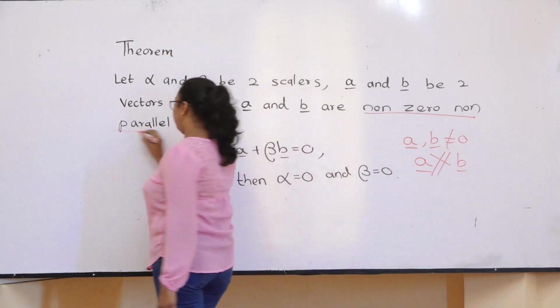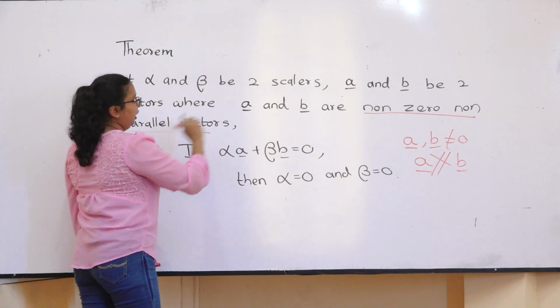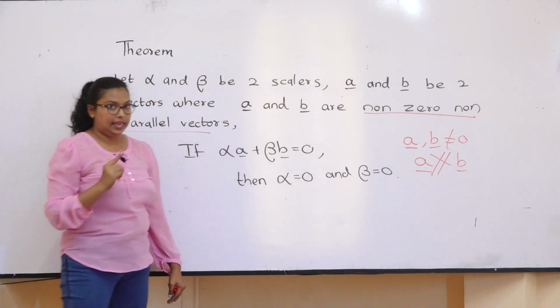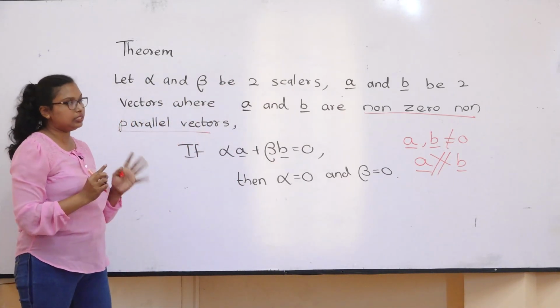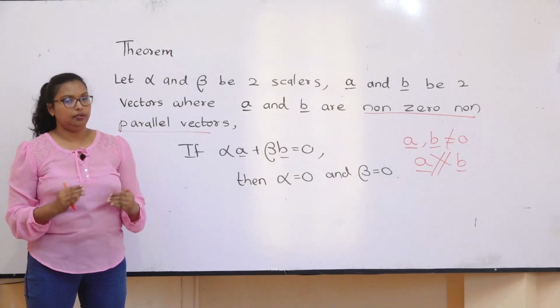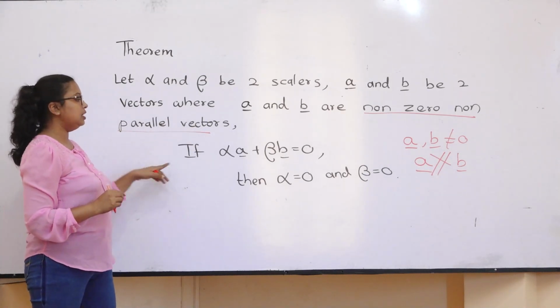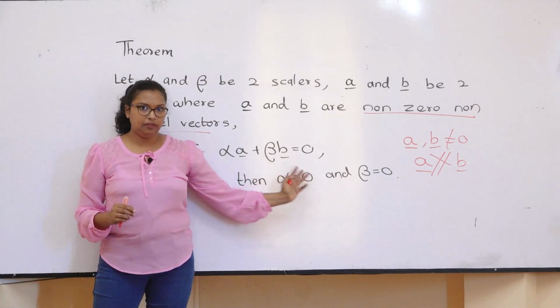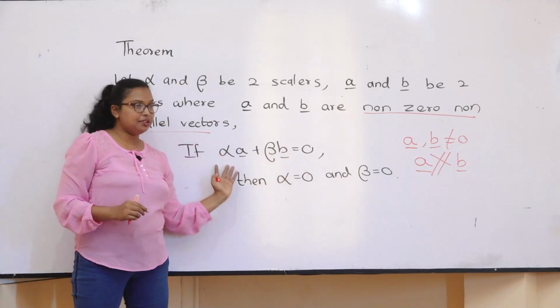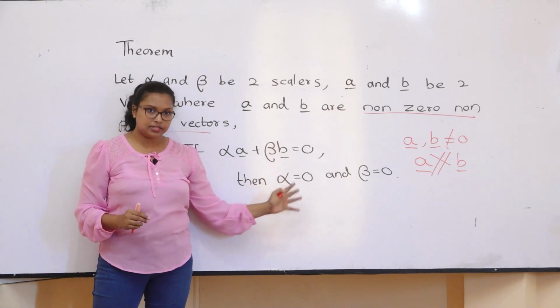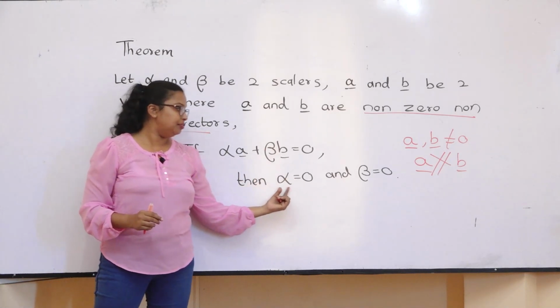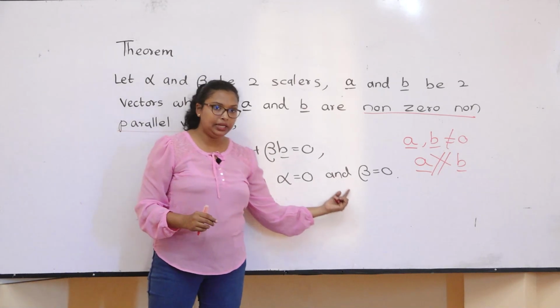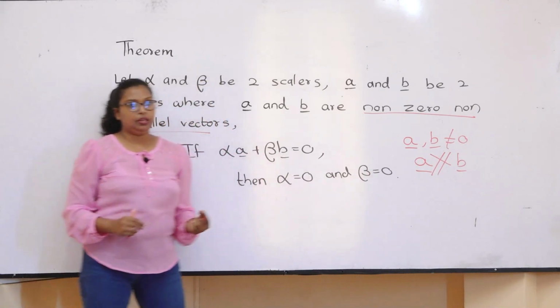We are considering two scalars alpha and beta, and two vectors a and b, where these two vectors are non-zero, non-parallel. If they satisfy these two conditions, then if alpha a plus beta b equals 0, then alpha equals 0 and beta equals 0, right?